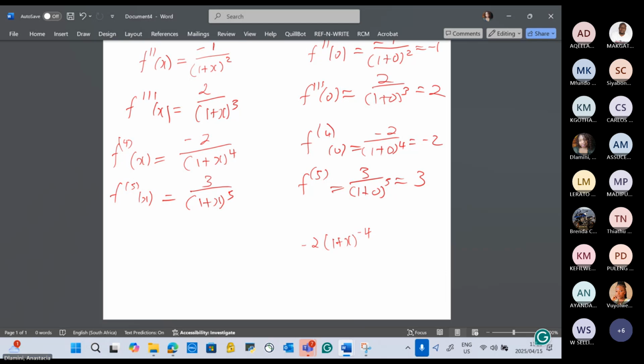All right. Before I got -6 over 1 plus x to the power of 4. Wait, what am I doing wrong here? I don't think you're doing wrong. No, I think he's correct. He is, because I'm looking at it, he's using the chain rule, and this is how the chain rule will look. So this is -6.